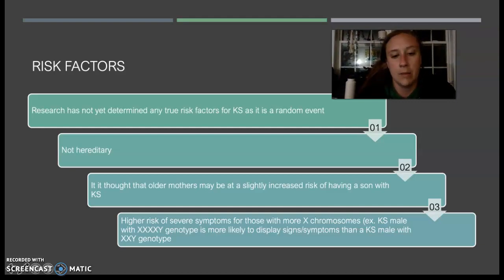There's also a higher risk for more severe symptoms in those with more extra X chromosomes. Klinefelter males who have XXY will have symptoms that are a lot more mild than those who have XXXXY.